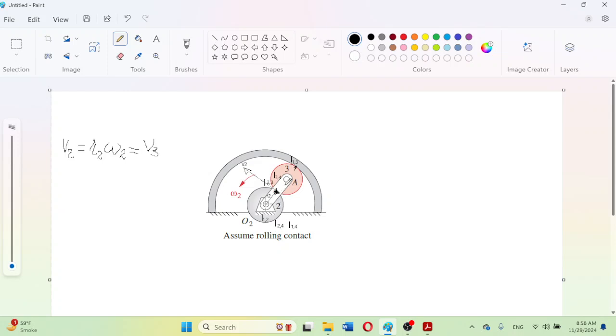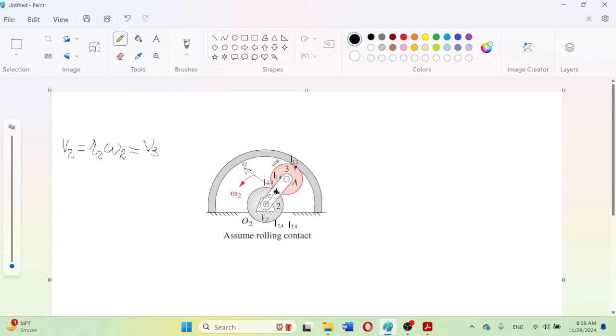As we can observe, it is very interesting and important to find that this common point at link number 3 will be in pure rotation about this instant center I1,3.